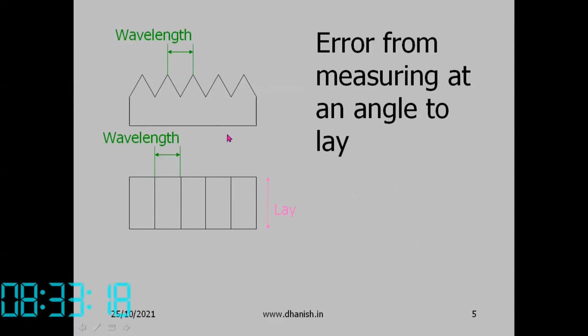For example, in turning on the lathe, along the circumference you can see lines on the surface. These lines are made by the lathe. So this direction is the lay.